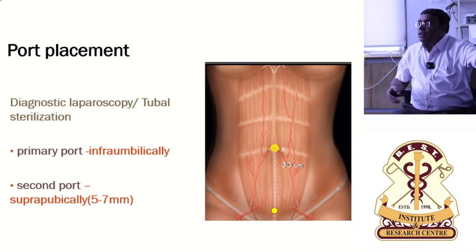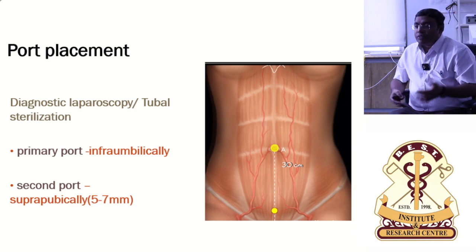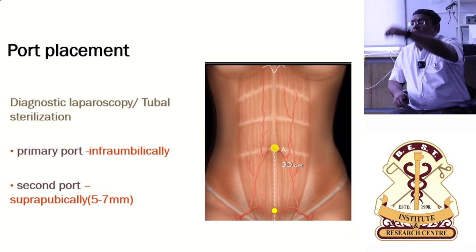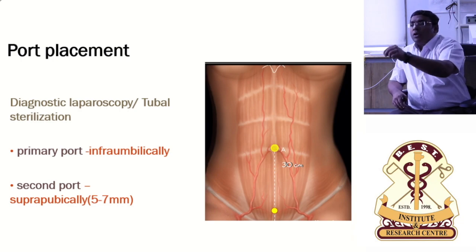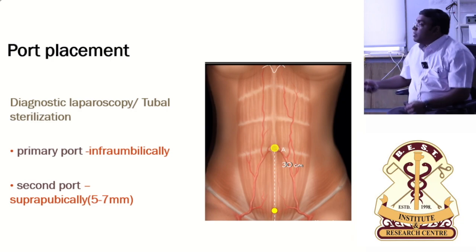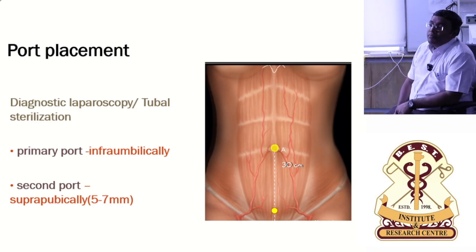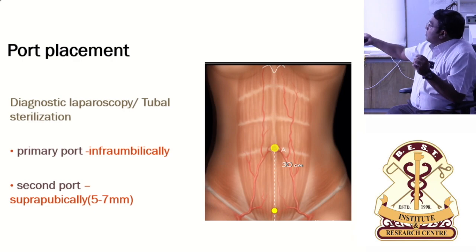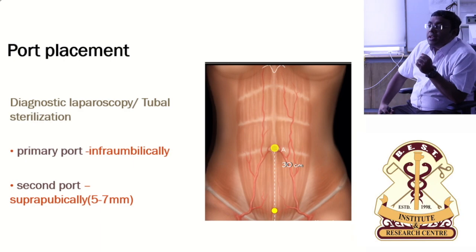You would have seen, when madam operates, our energy sources, the bipolar, monopolar, harmonic, will always come from the suprapubic port, because we use this midline port. It's neither ipsilateral nor contralateral. So one port is here, this is the first port, the second port, and the third port is in the suprapubic area, in the safety triangle.